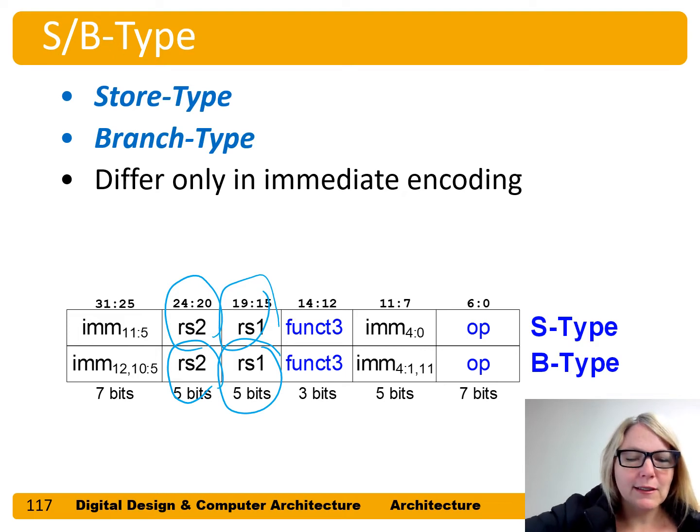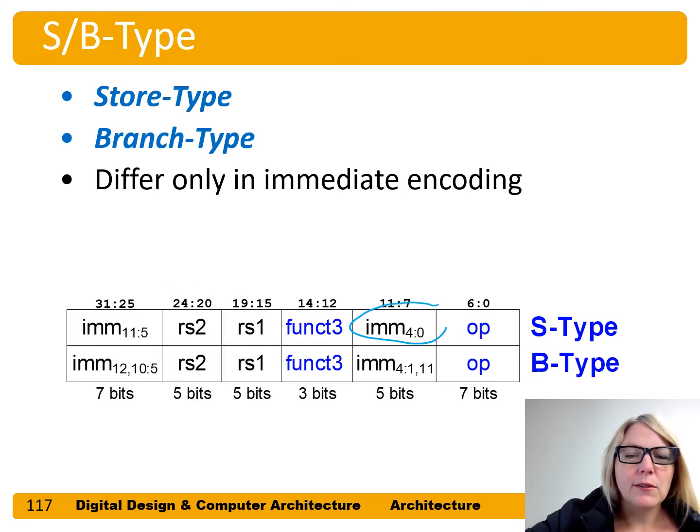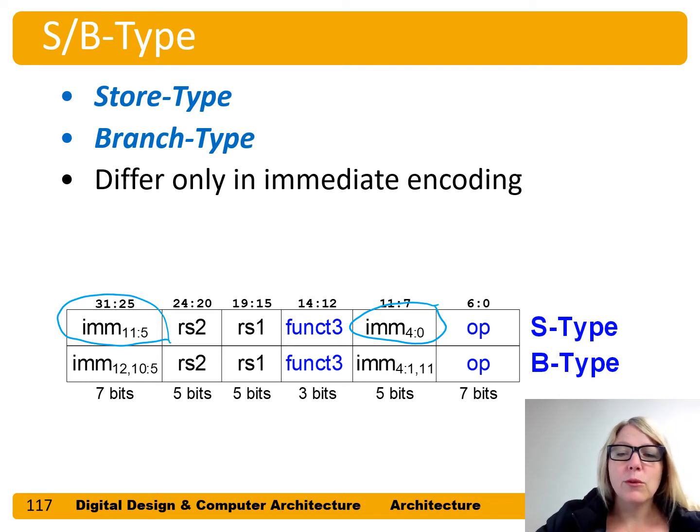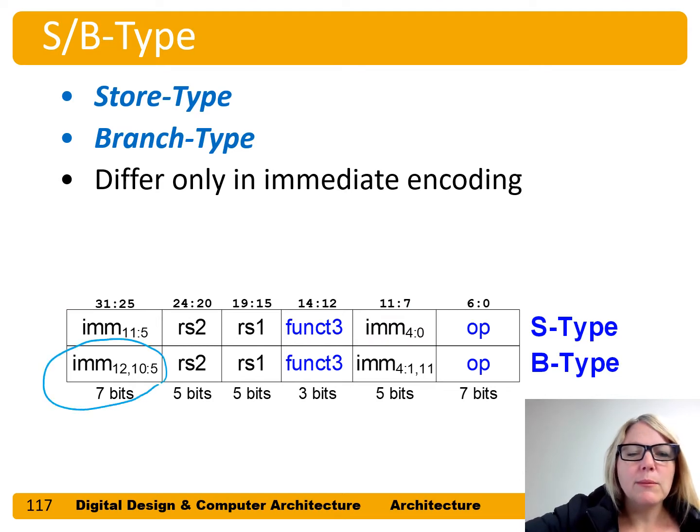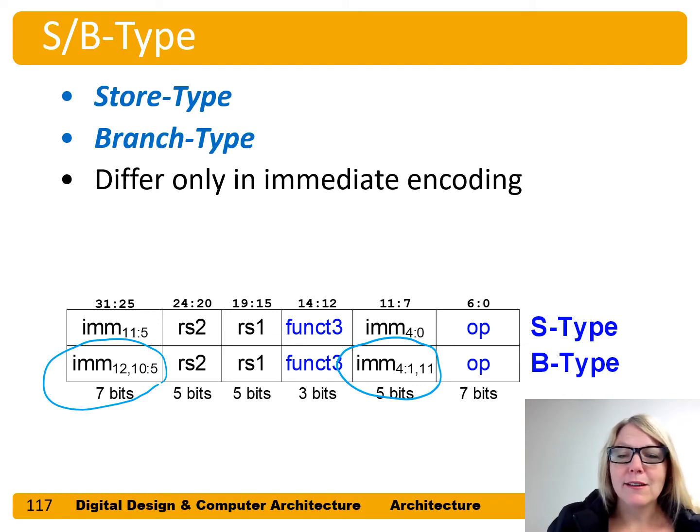So the immediate field is where these differ. We'll talk about this in detail, but the immediate field is a 12-bit signed immediate for the store type instruction that's encoded in these two locations split up there. And for the B type instruction, it's actually a 13-bit signed immediate, and the 0th bit is not encoded, and we'll talk about why.